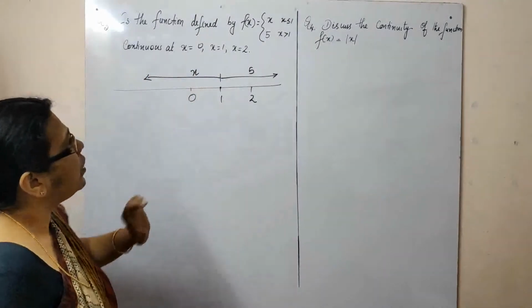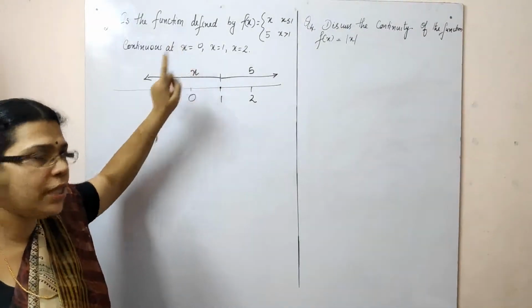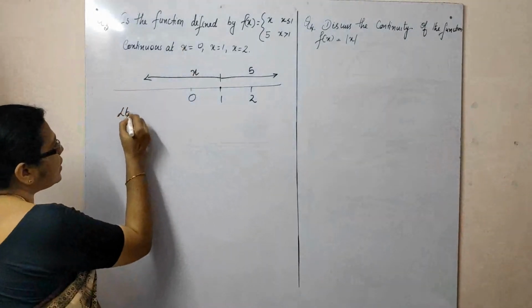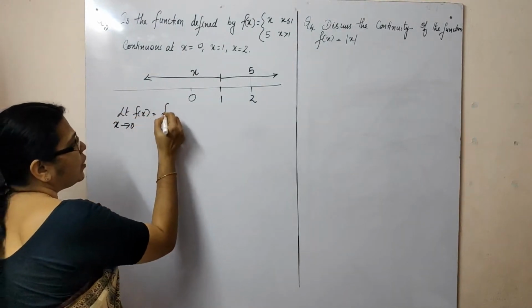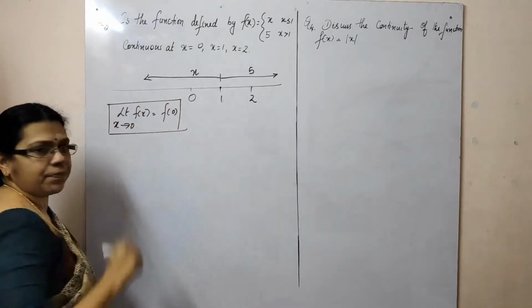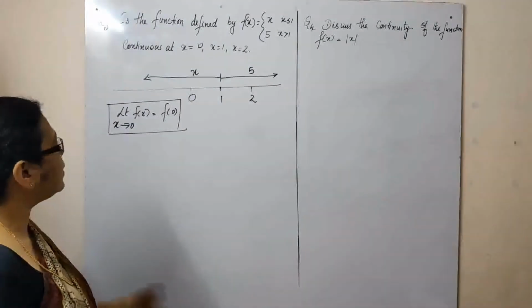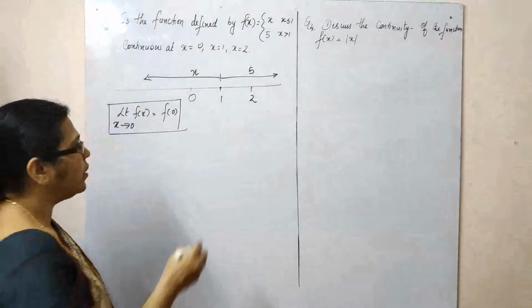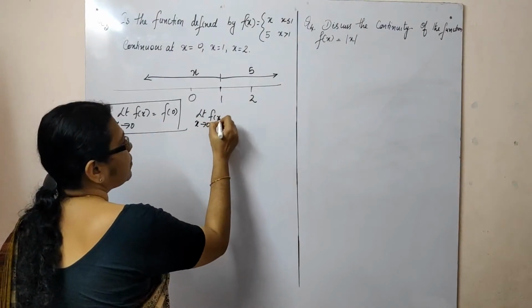Now, to check whether the function is continuous at x is equal to 0, limit x tends to 0 of f of x must be equal to what? f of 0. This is what you need to check for. Now I am going to check whether limit x tends to 0 of f of x is equal to f of 0 or not. Now, what is limit x tends to 0 of f of x?